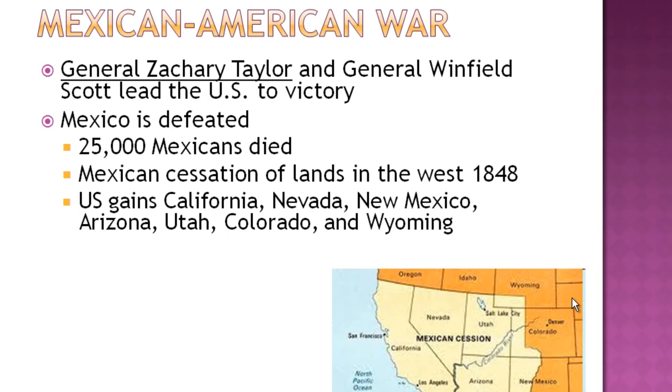Comes at a very high cost for Mexico. 25,000 Mexicans are killed, and Mexico has to give a large area of land to the United States in 1848. As a result of the Mexican-American War, the United States gained California, Nevada, New Mexico, Arizona, Utah, Colorado, and Wyoming.